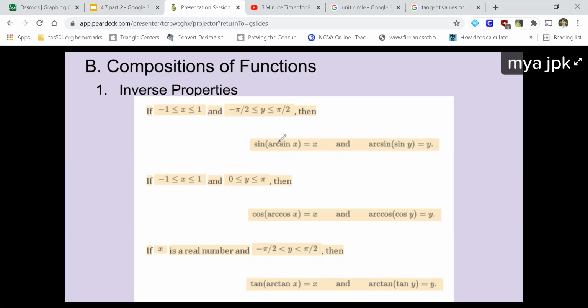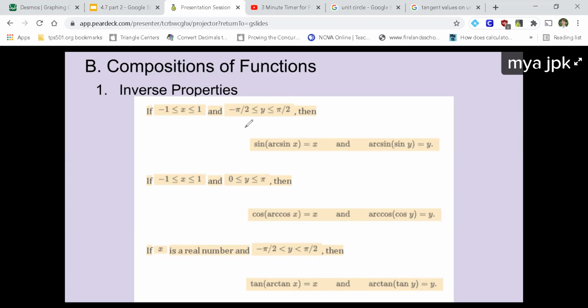So as a result of that, the operations will only cancel out if you're taking arcsine and your x value is in the domain of arcsine, or if your inside function is sine, the y value in there is in the range of arcsine.